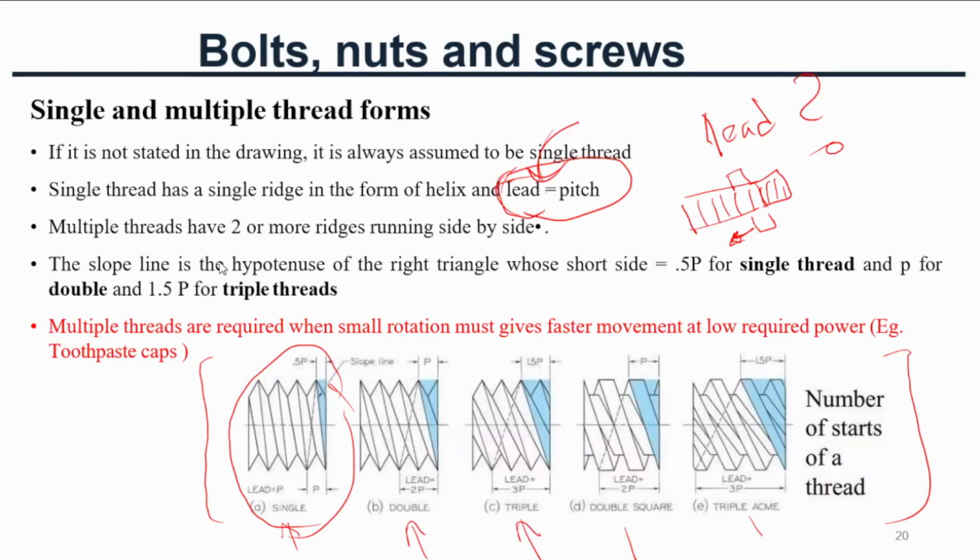So multi-threads have two or more ridges running side by side on the same cylinder. A double thread has two ridges, and a triple thread has three ridges.